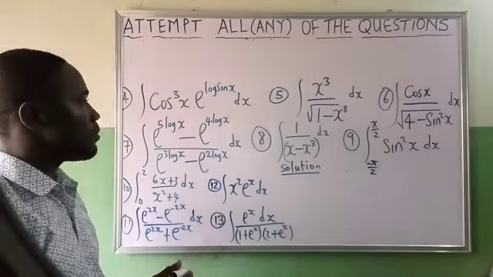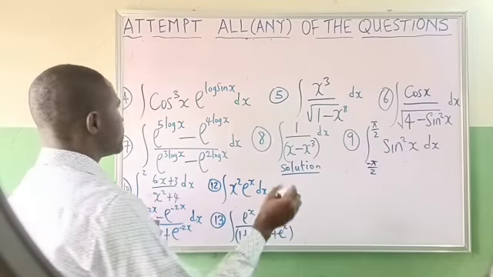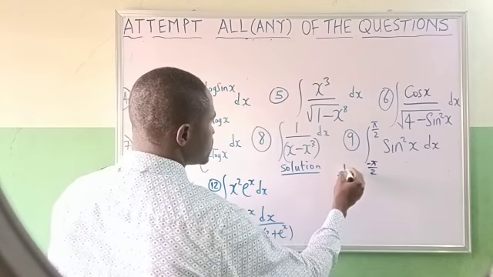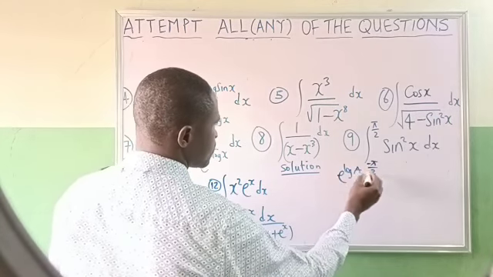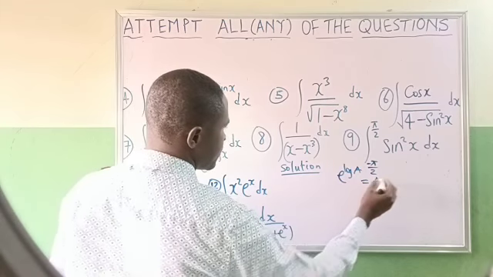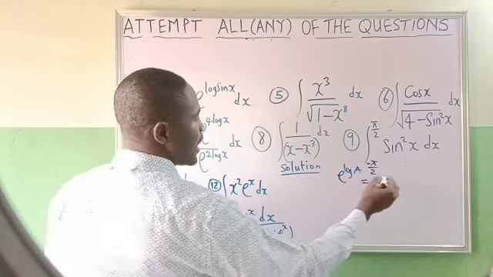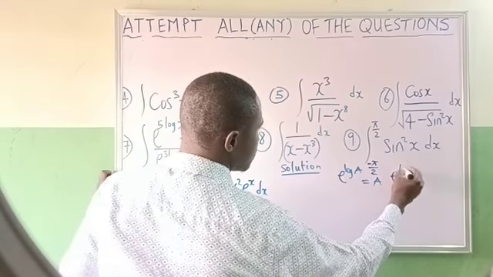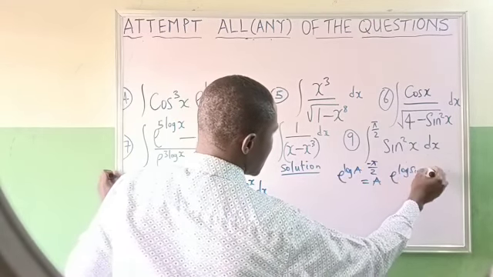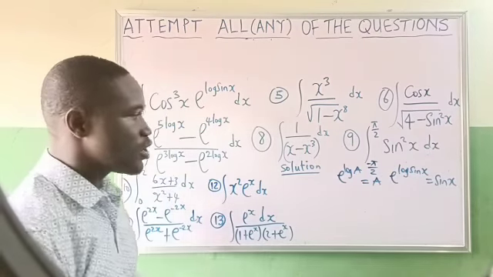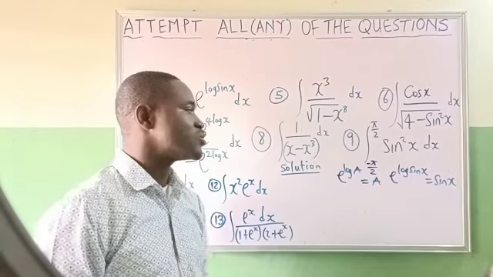Now to solve question number 4, it is important to note that whenever you have exponential log a, the answer means a. Exponential log a simply means a. Therefore, exponential log sine x simply means sine x. It is a rule of mathematics because exponential is the inverse of logarithm.